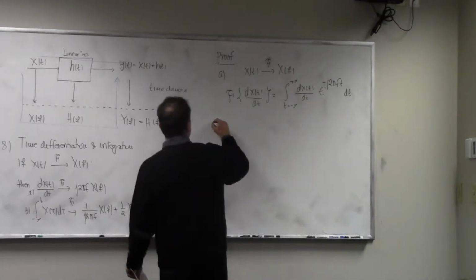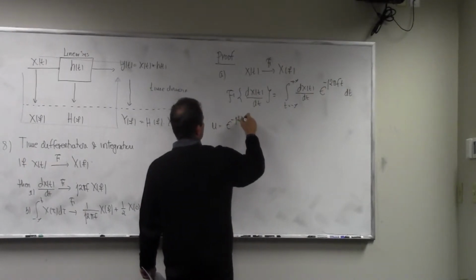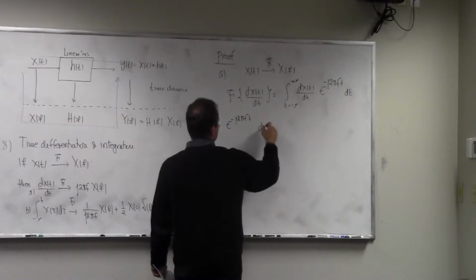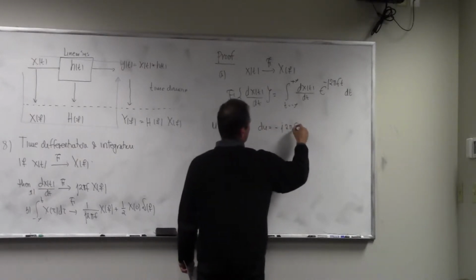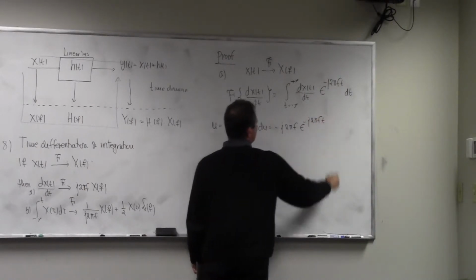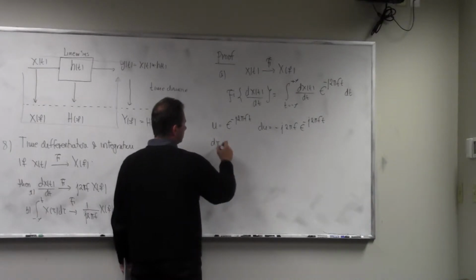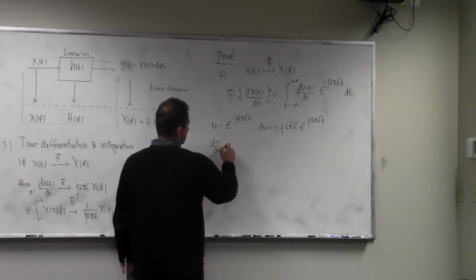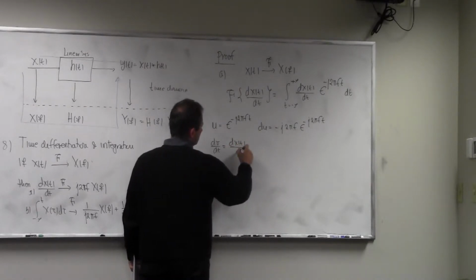I'm going to say that u is equal to e to the minus j 2 pi ft. Therefore, du is going to be equal to minus j 2 pi f e to the minus j 2 pi ft. And I'm going to say dv over dt is equal to dx of t over dt.